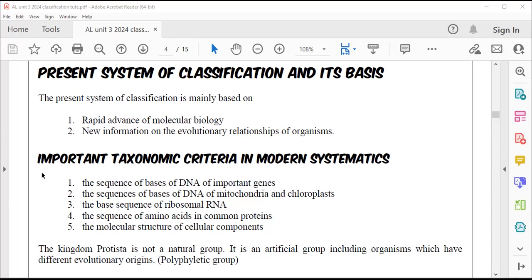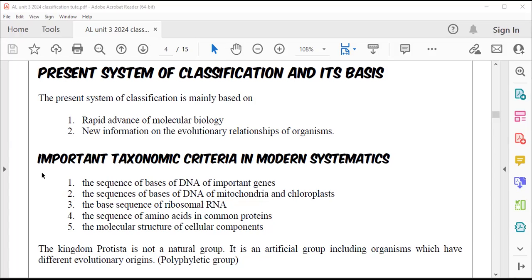Do you have an idea about the nitrogen base sequence? Yes, sir. Yes, no? Anyone not having an idea about the nitrogen base sequence? If you are there, tell me. Okay. So you are having an idea, right?